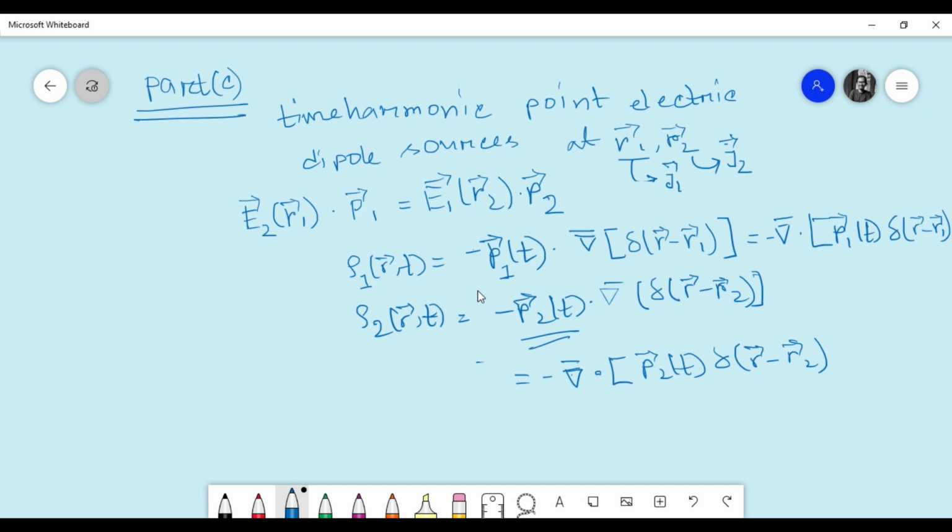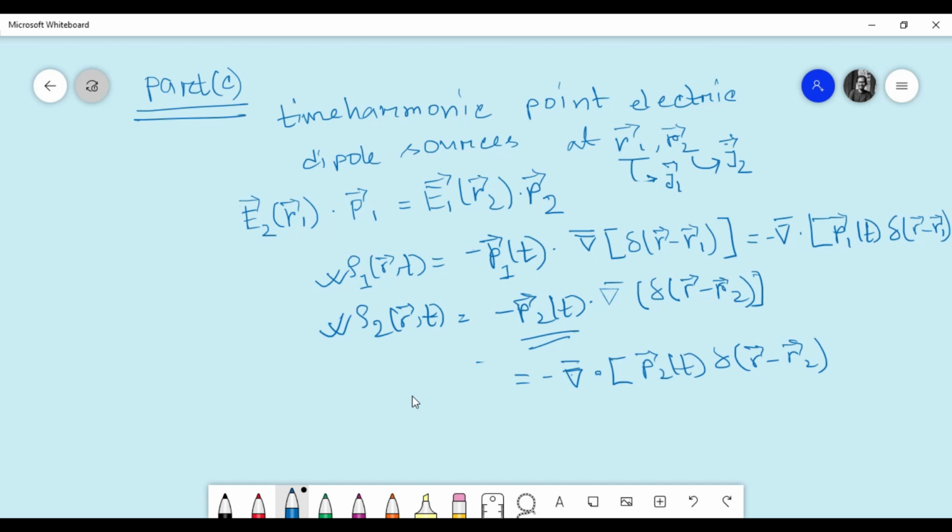So these two relations are valid for any time-dependent point electric dipole source, not only time harmonic ones. But how to get the current density here? That's the actual quantity of interest, right?